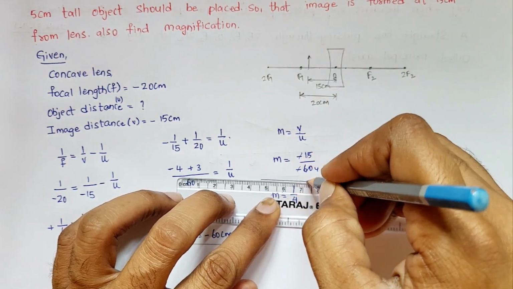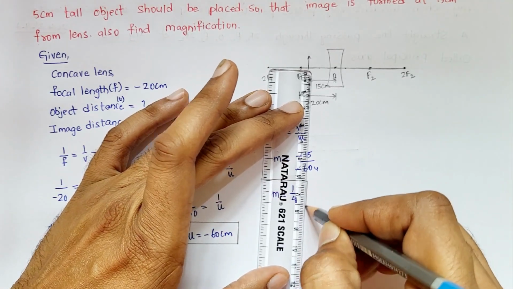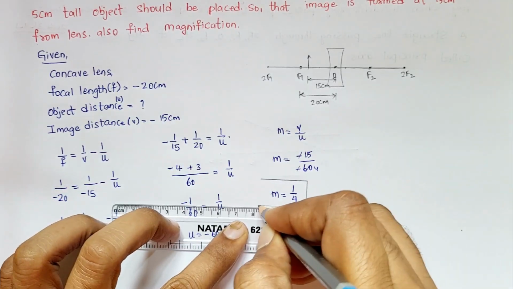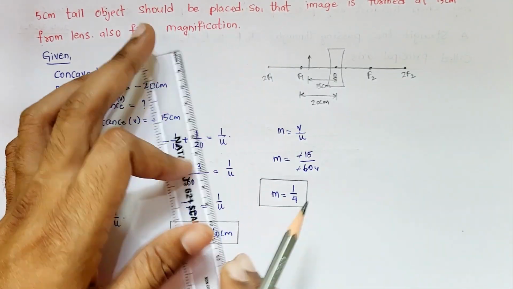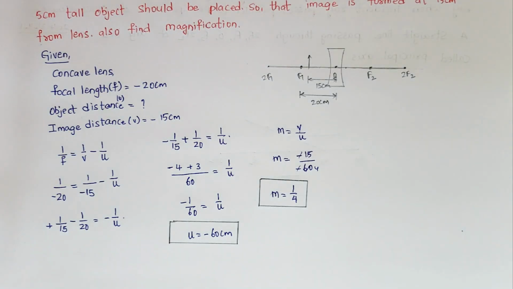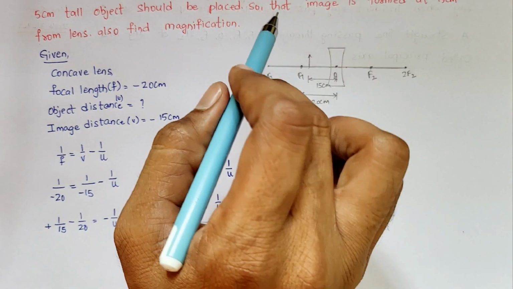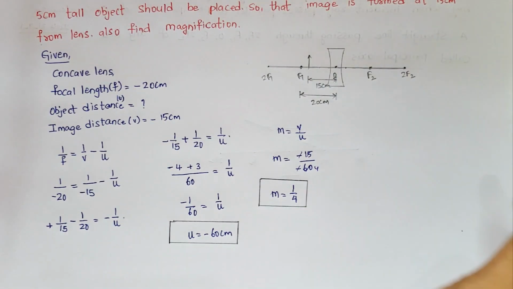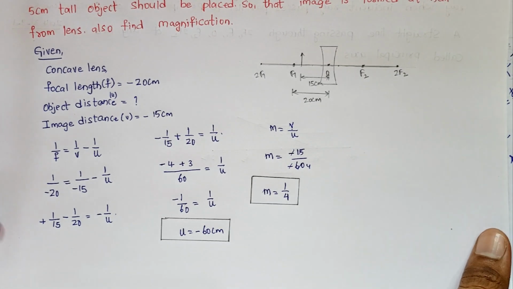Right. So we should write the conclusion statement for the question. What is the conclusion statement? See, the image is formed at 15 centimeters. They ask us to find out the object distance.